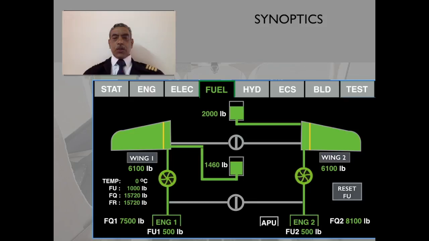Fuel contents are shown, and there are two pumps which are displayed if they are in the working condition, or if they are working as per the status condition. And there are some push buttons for wing 1, wing 2, if you want to know how much is in each tank, then you can press the option and find out.